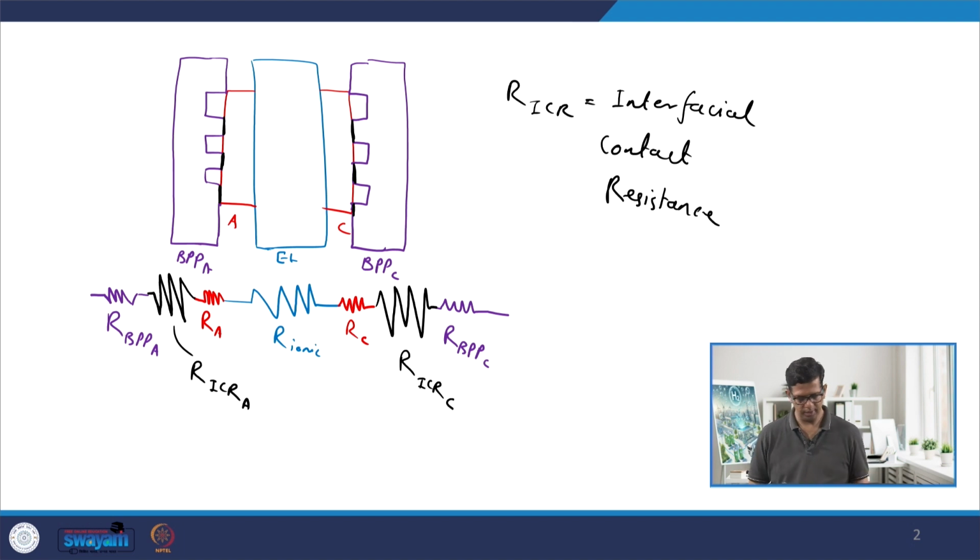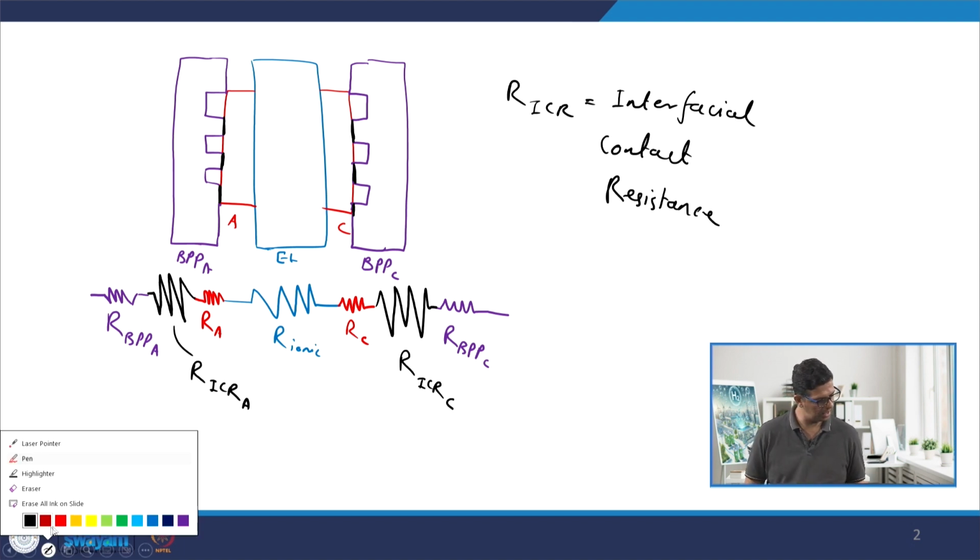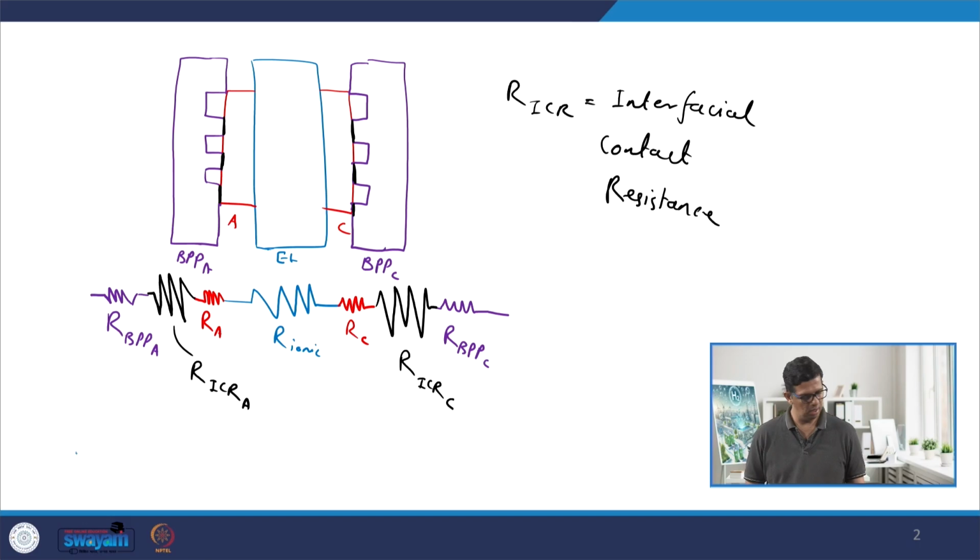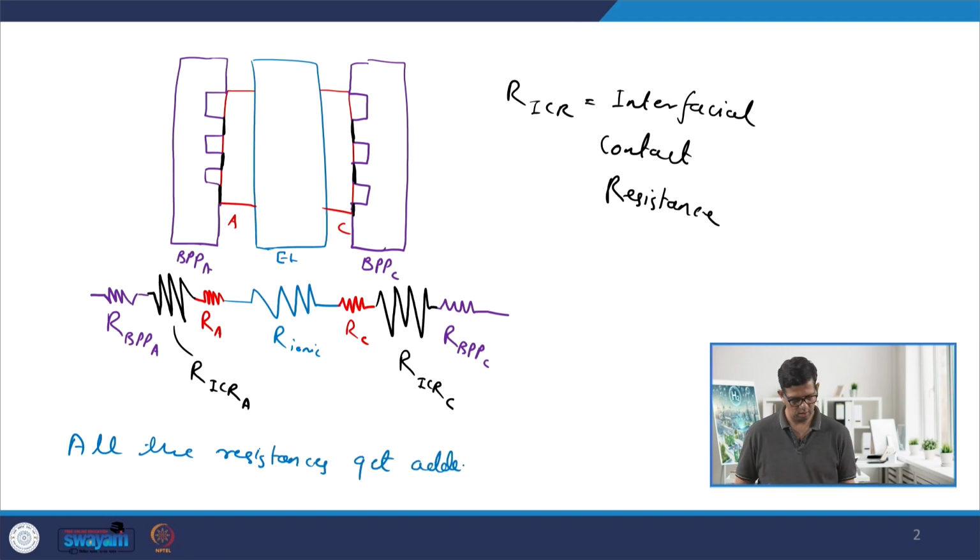As we can see, all these resistances are in series combination, so all the resistances get added in series.